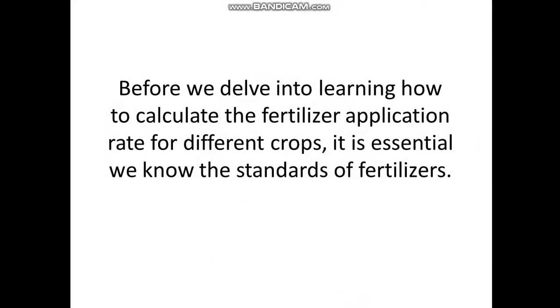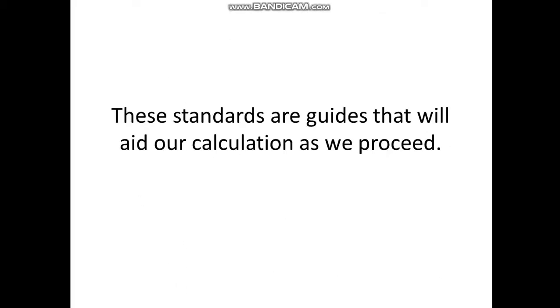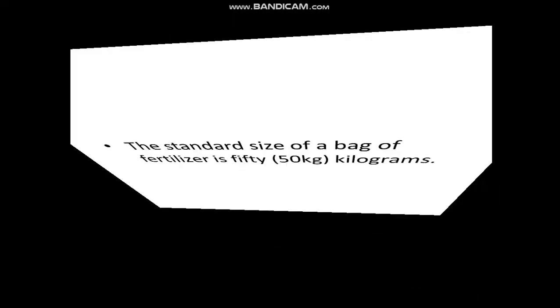Let's discuss the standards of fertilizers. Before we delve into learning how to calculate the fertilizer application rate for different crops, it is essential we know the standards of fertilizer. These standards are guides that will aid our calculation as we proceed. 1.